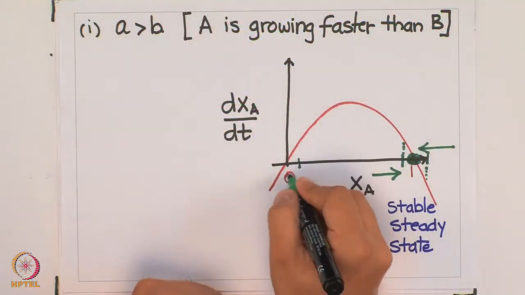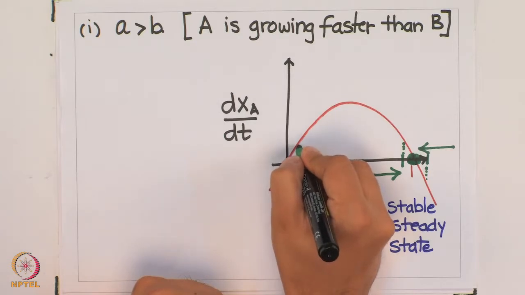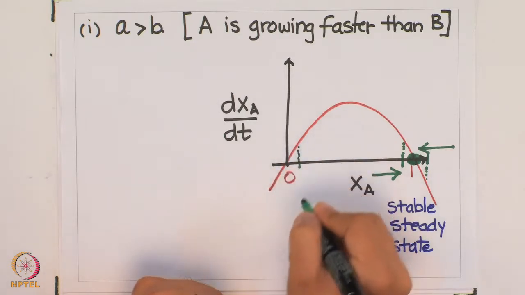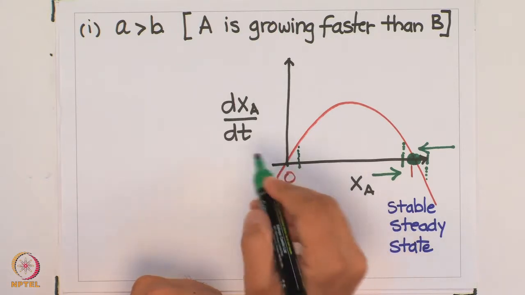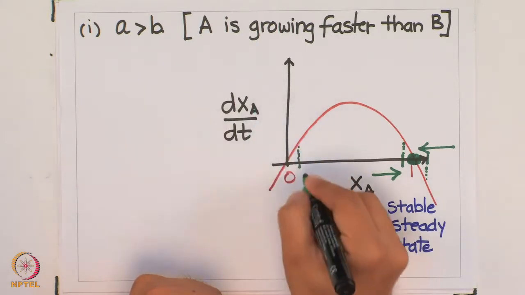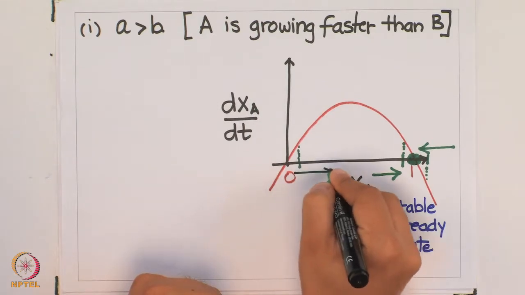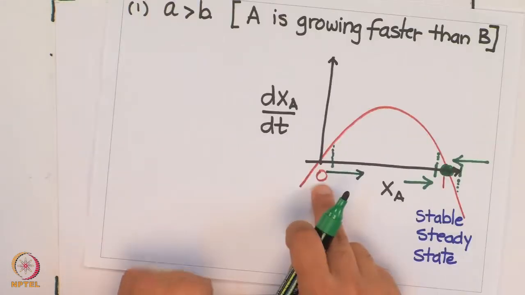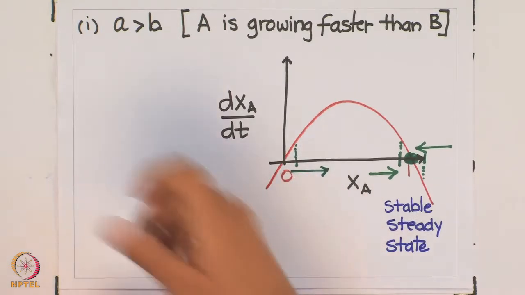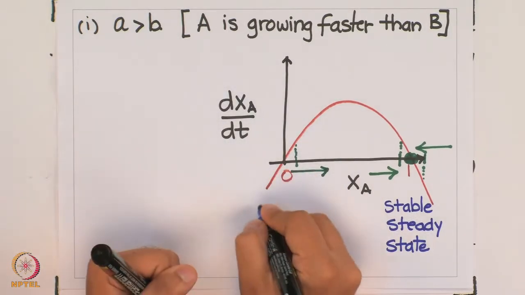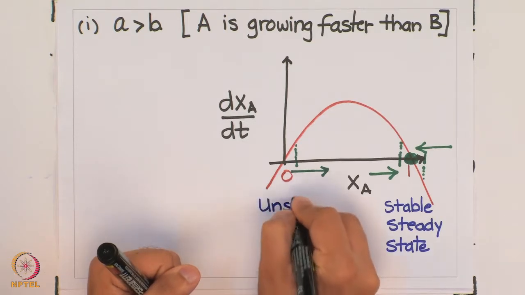We note that dxa by dt is positive on the right hand side, and hence as t increases, xa increases and the system moves away from the steady state that we had disturbed it from, and hence this is an unstable steady state.